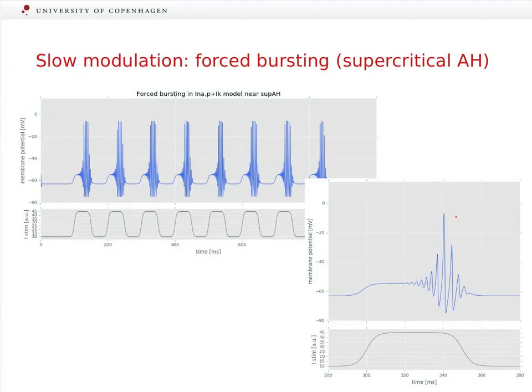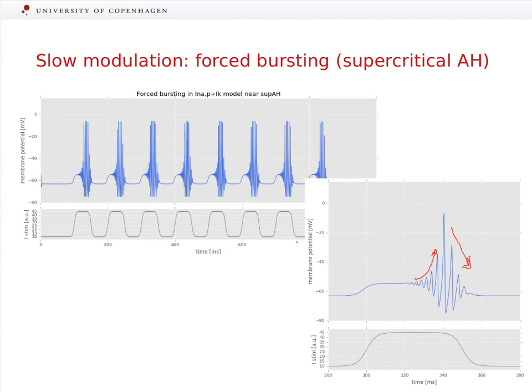Now, in the case of, for example, supercritical Andronov-Hopf bifurcation, we don't observe any change in frequency, but we do observe after latency a slowly increasing amplitude of spikes, and then when we wane from the spiking state, we do this again via supercritical Andronov-Hopf bifurcation, and thus we see the gradual decrease in the amplitude of spikes.